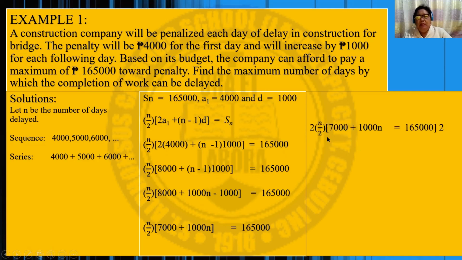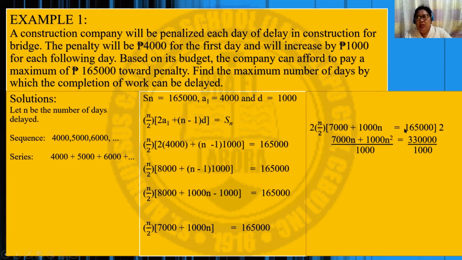And then we can simplify. We can remove the denominator 2 by multiplying both members of the equation by 2. So what we have, 2 divided by 2 is 1. So n times 7,000 is 7,000 n. N times 1,000 n is 1,000 n squared.